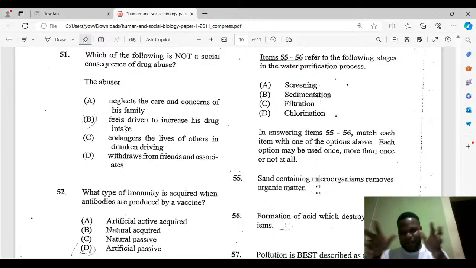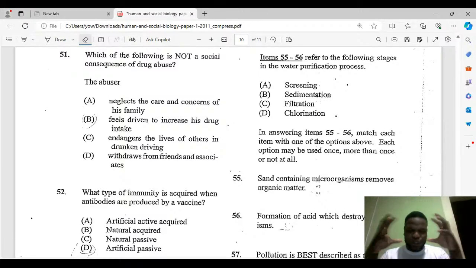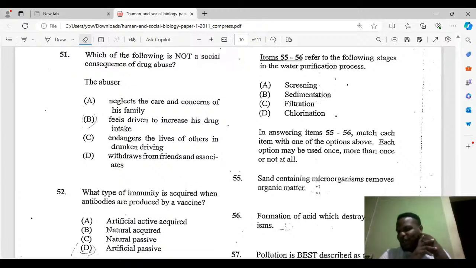And then when it forms a huge clump, you clear it off, and then you do the massive cleaning. So in this case, sand containing microorganisms removing organic matter would be filtration, because the sand containing the microorganisms will remove the organic matter. So it will be C. So all the people who say C, you are right.